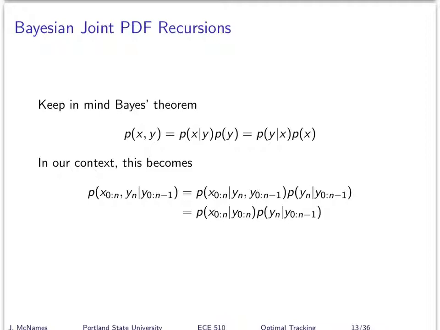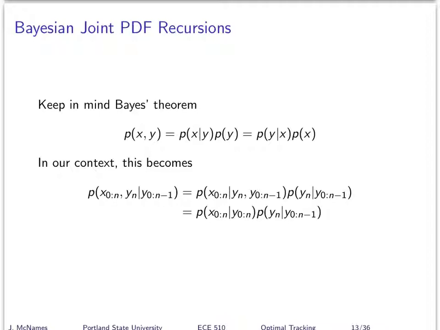We can simplify this a little bit with our notation, because 0 to n minus 1 and y of n, that entire set can be represented as just y of 0 to n. So from this step to this step is just really a notational simplification.